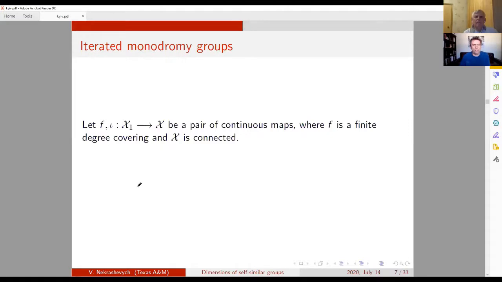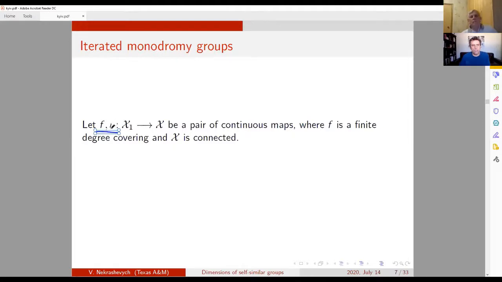Okay, so where do these groups naturally appear? They appear naturally as iterated monodromy groups. And I want to give the definition in fairly wide generality, but for lack of time, it will be a little bit compressed. So we start from 2 topological spaces, or more generally orbispaces, and we have 2 maps between them, going in the same direction, F and iota.